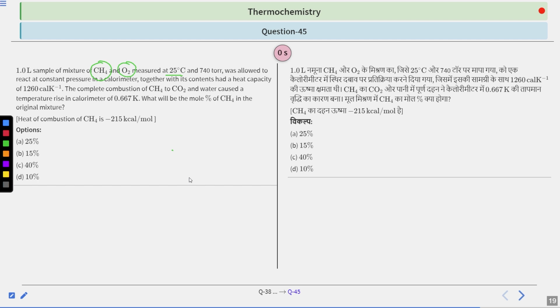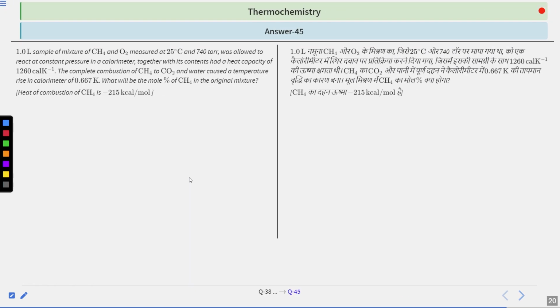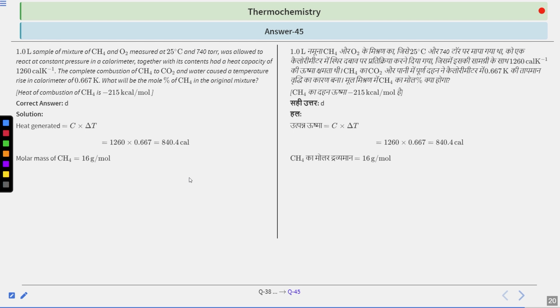So time is up. Let us see how we can solve it. For those who have solved, the correct answer is D. Heat generated will be given by C into delta T, very simple, because C equals Q by delta T. The molar mass of CH4 is 16 gram per mole.